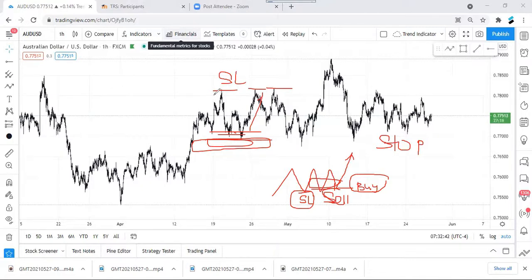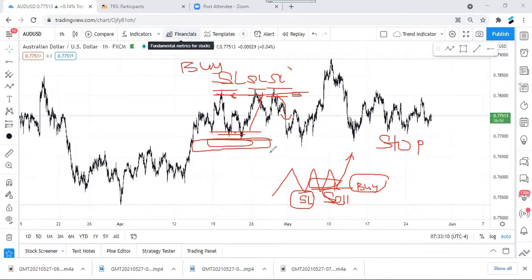Many traders put a sell limit here and put the stop loss above the swing high. If they sell here, it means they expect price to move lower. Their stop loss is a buy order, correct?